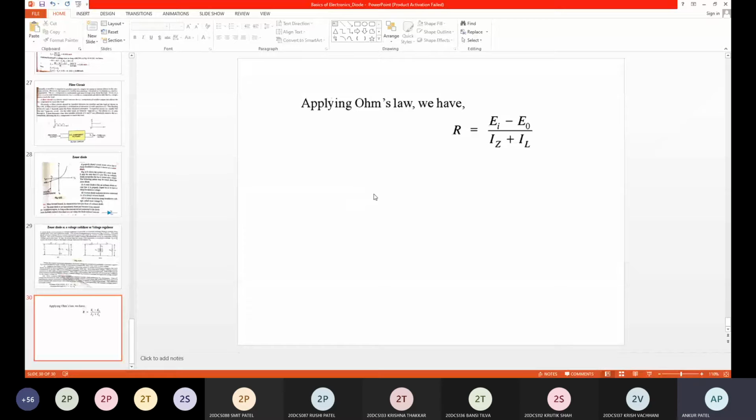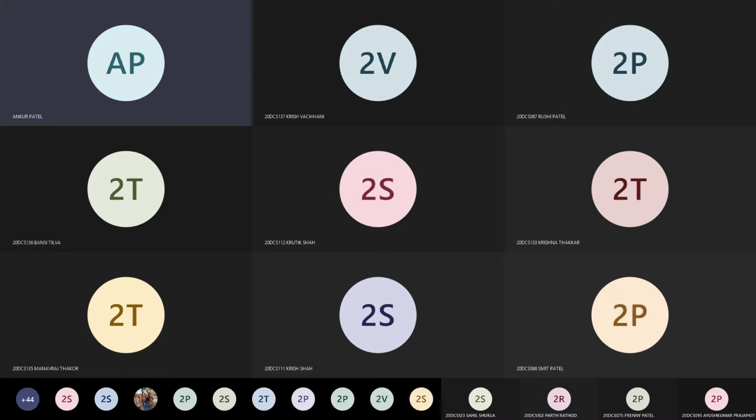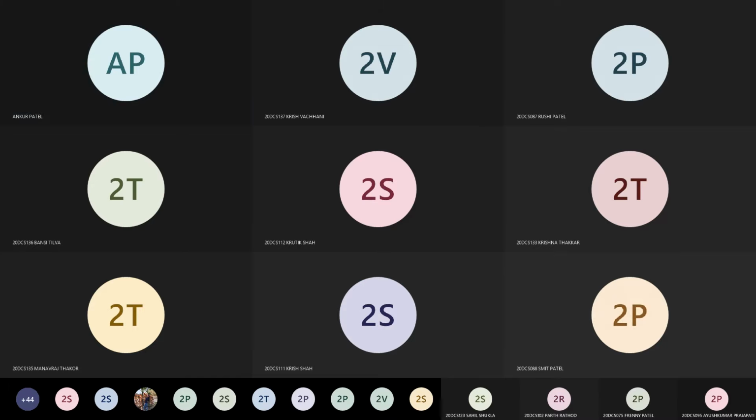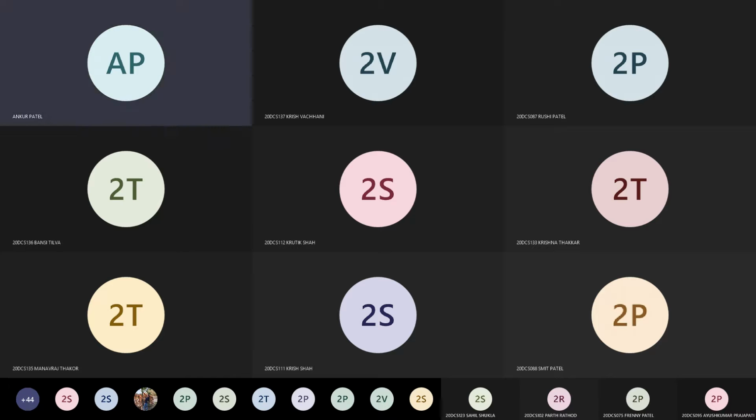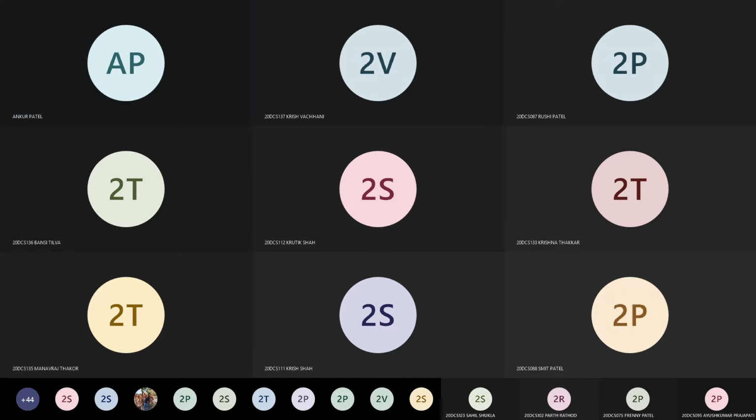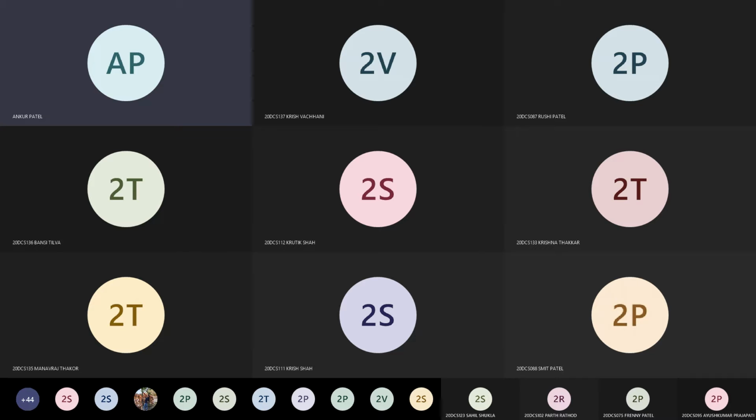So I am sharing here a presentation on the transistor. So the transistor, you already know its terminology, how NPN and PNP transistors work, and the relation of IE, IB and IC in NPN and PNP.